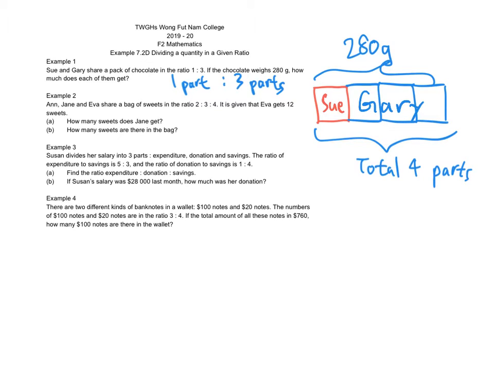So in terms of the fraction, what's the fraction that Sue has? 1 out of 4. How about Gary? 3 out of 4.